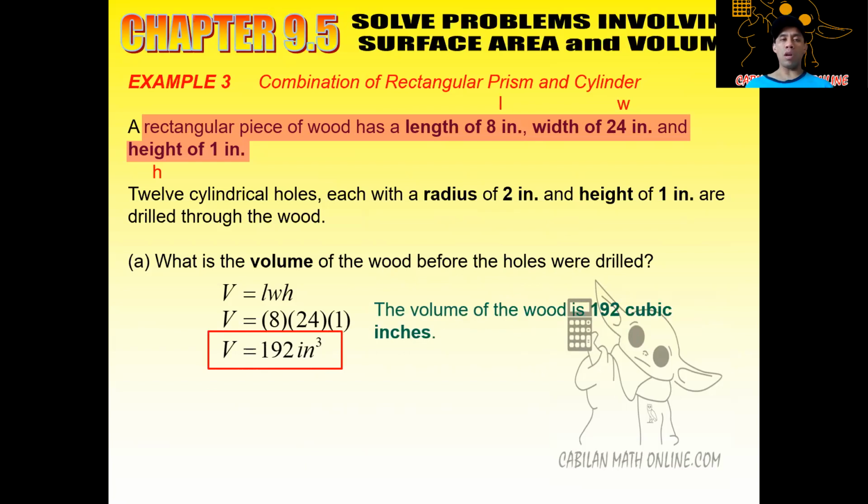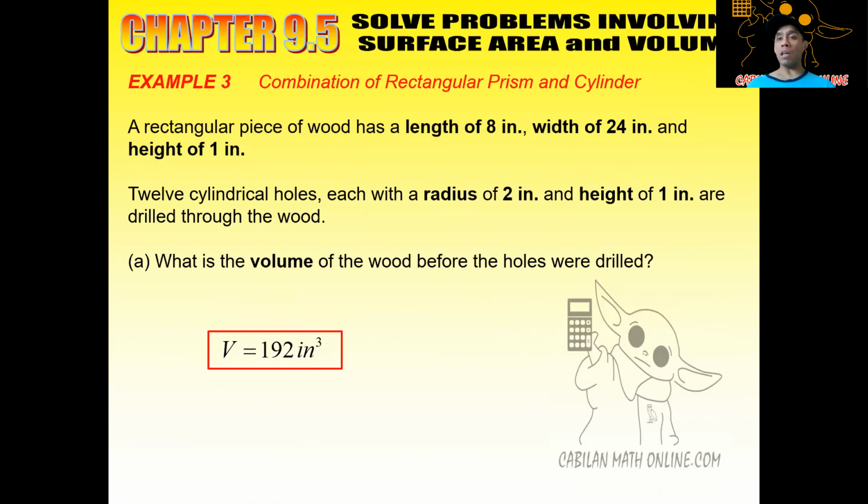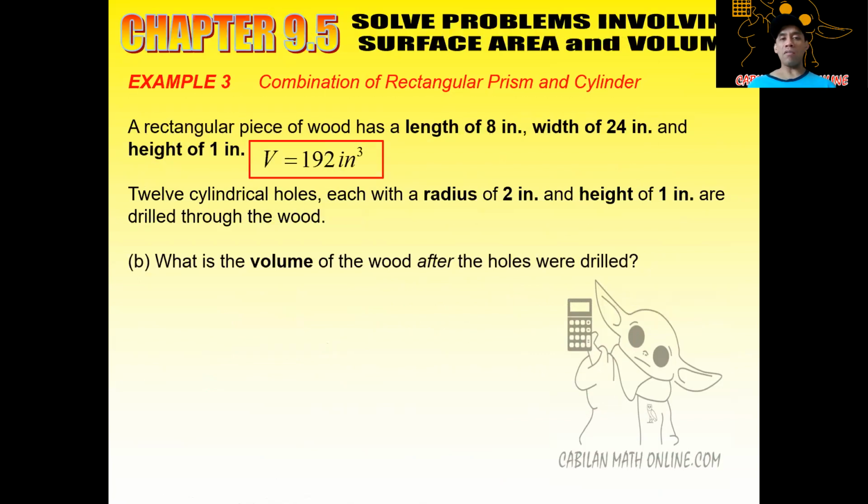Now keep in mind what we want to do here is we're taking cylindrical holes and we're now drilling them out. So our next step here for part B is actually 2 separate steps. It says, what is the volume of the wood after the holes were drilled? Okay, keep in mind that these are cylindrical holes, or holes that are cylinders, and we have 12 of them.